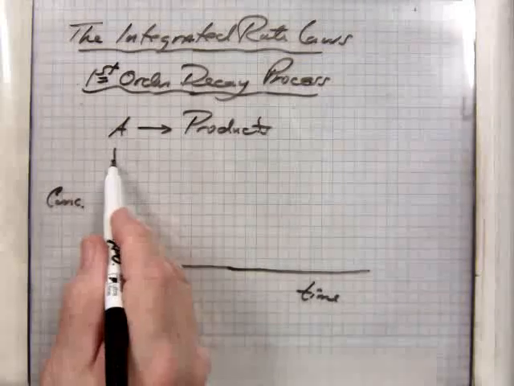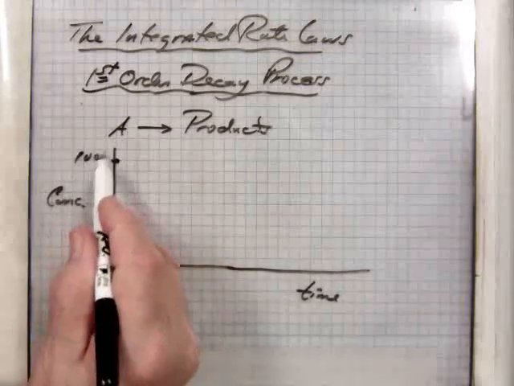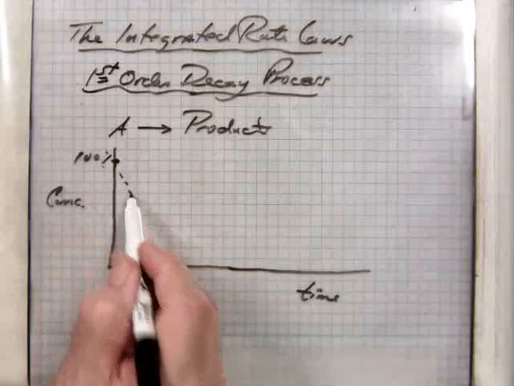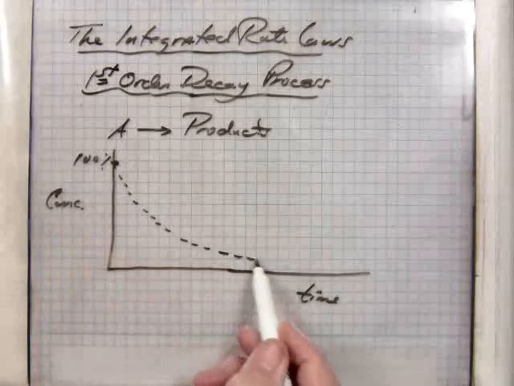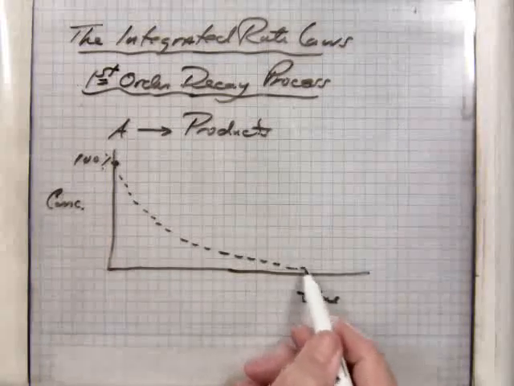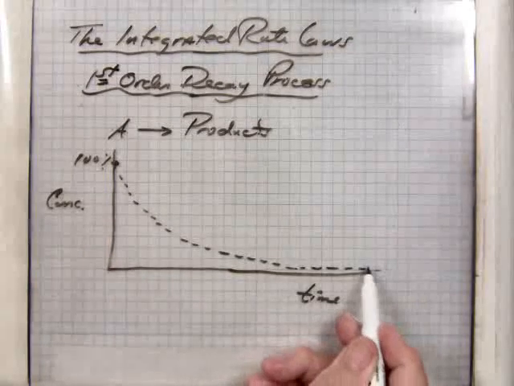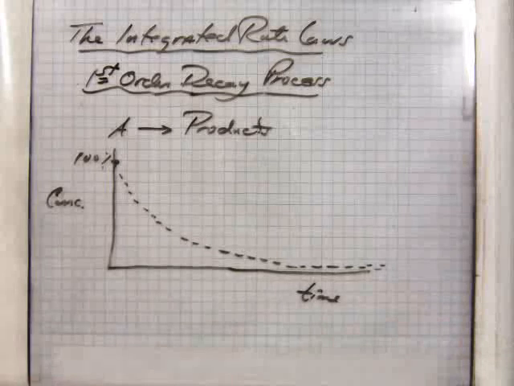That looks like this, starting with 100%, like this. Eventually, it'll never touch the horizontal axis, but it gets extremely small over time.